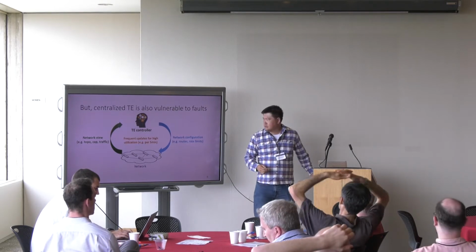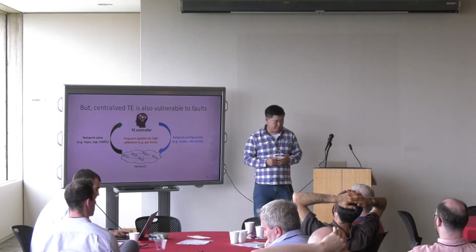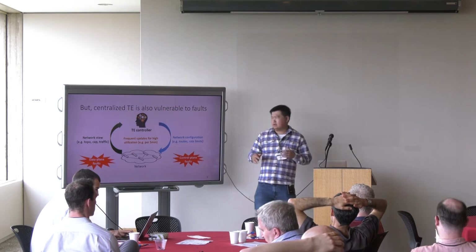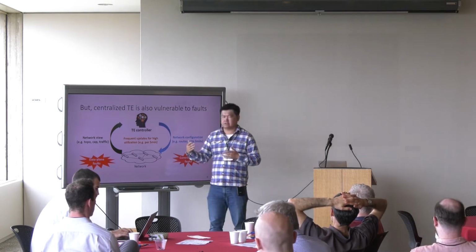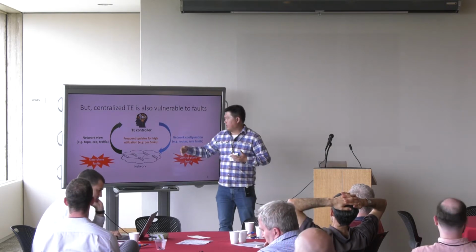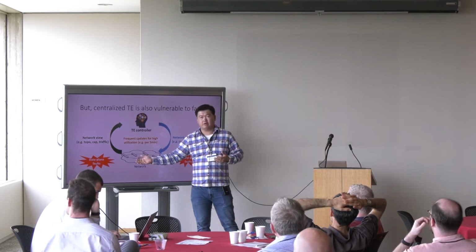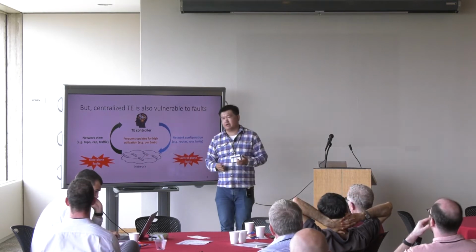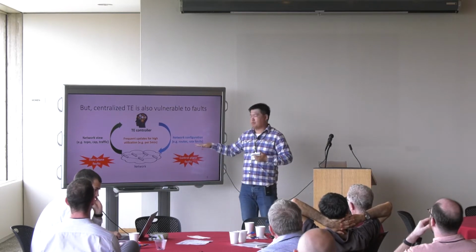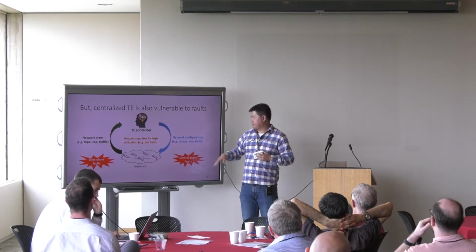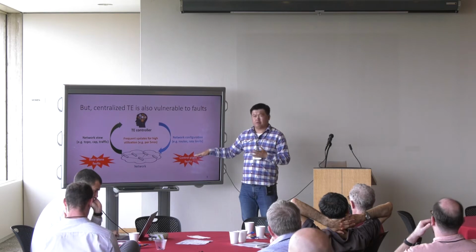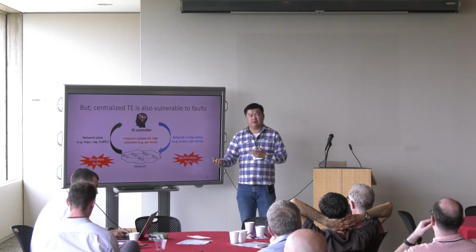But at large scale in production, things are not that smooth, because in reality the network has all kinds of faults. In today's talks, people talked about data plane faults like link failures and switch failures. We also found, when we built the system inside Microsoft, configuration failures.